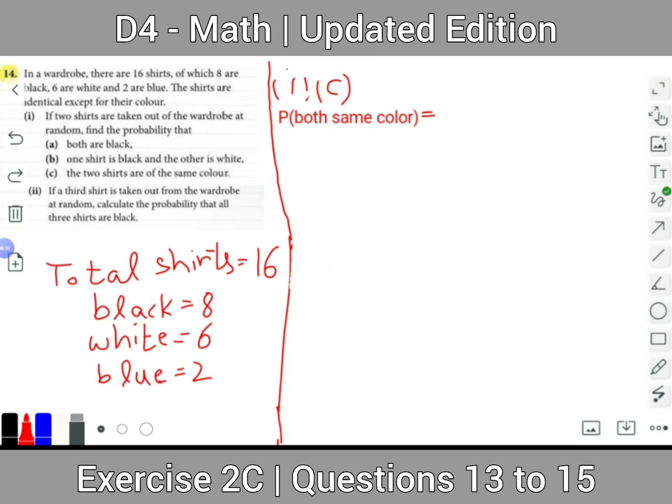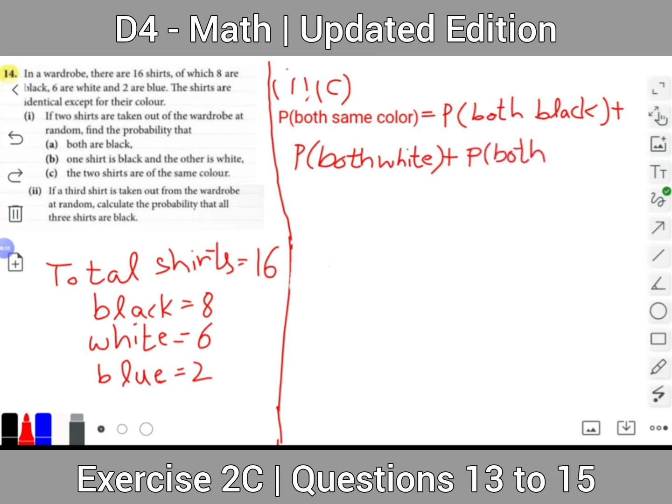The probability that both are black, plus the probability that both are white, plus the probability that both are blue.